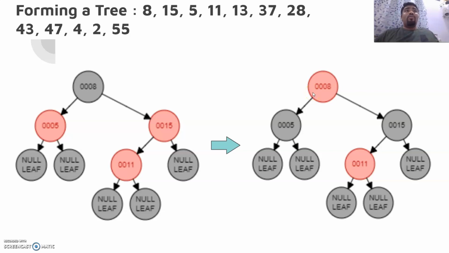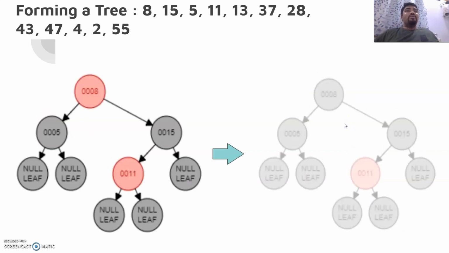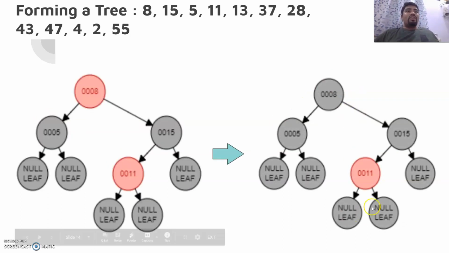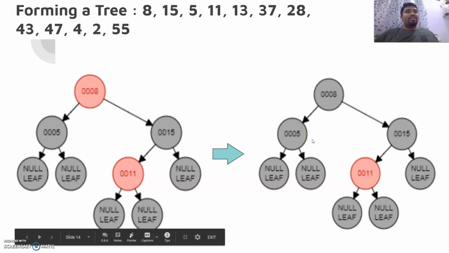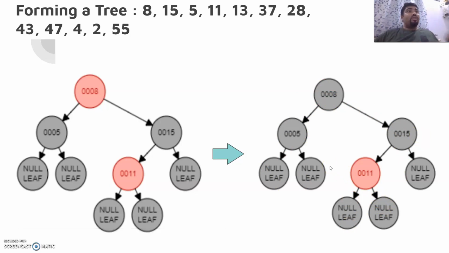It will violate the property of red-black tree. So obviously it should be black, and so we again recolor it to black. So now you can see it is a balanced red-black tree. In every single branch we have an equal number of blacks, and we don't have any red-red parent-child relationship.